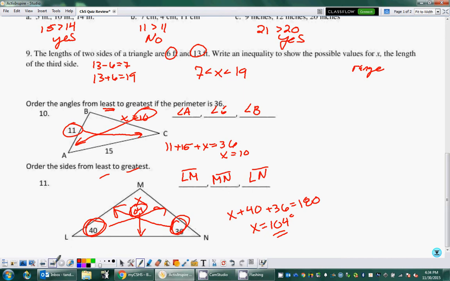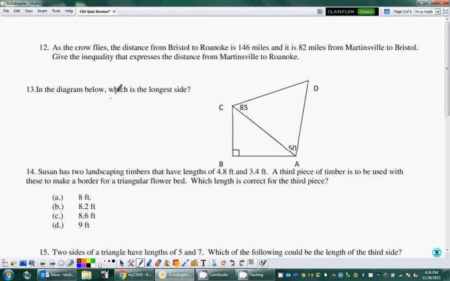Next, two pieces of timber, lengths 4.8 and 3.4 or so. I need to find the range to see what's possible. So I add those, and I get 8.2. I need to subtract them, and I get 1.4. So I need to find a timber between 1.4 and 8.2. There's only one option, the 8-foot length.